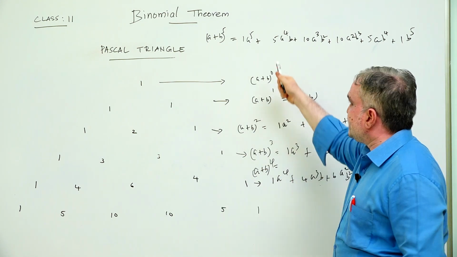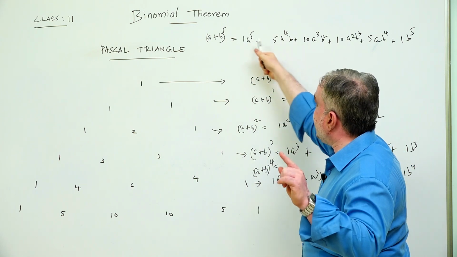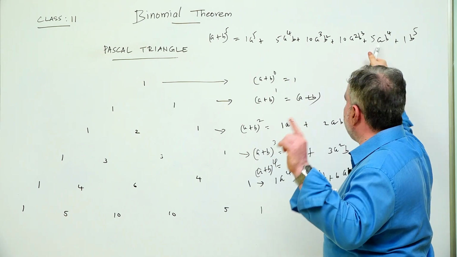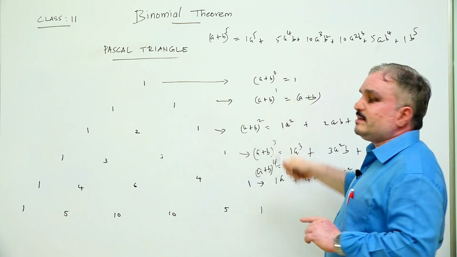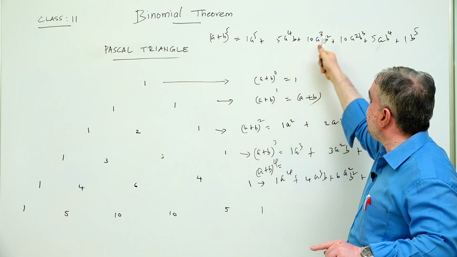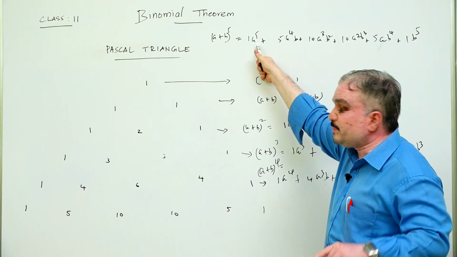You see the power of a is gradually decreased by 1: a power 5, a power 4, a cube, a square, a. And the power of b gradually increases by 1: b square, b cube, b power 4, b power 5, starting with b power 0.